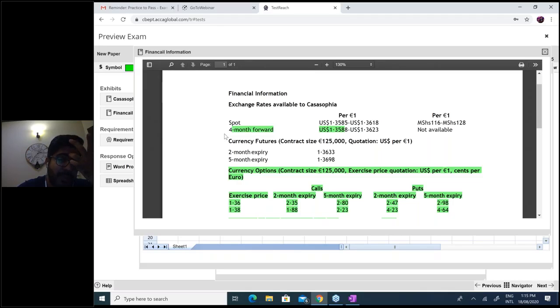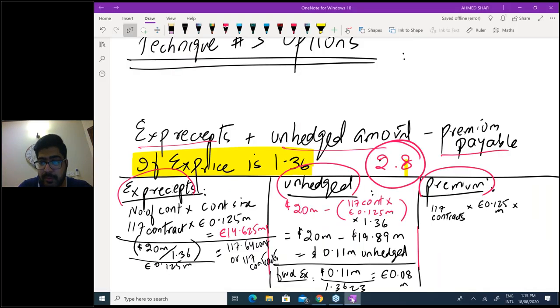So 2.8 is the premium, but since the heading states it's in cents, I should write it as 0.028. The premium comes to 0.4095 million.